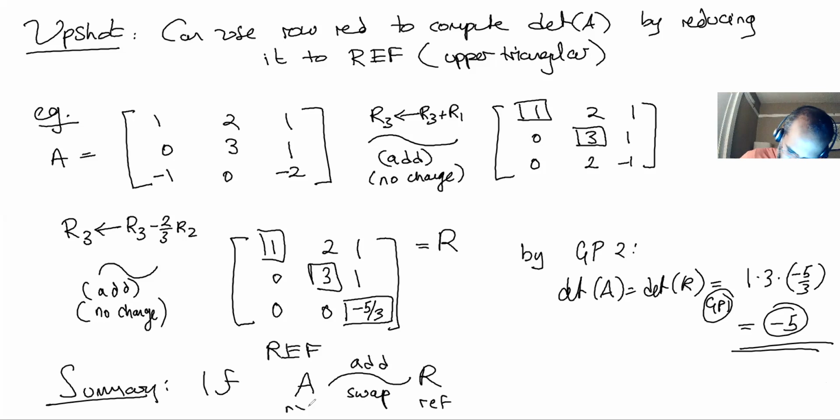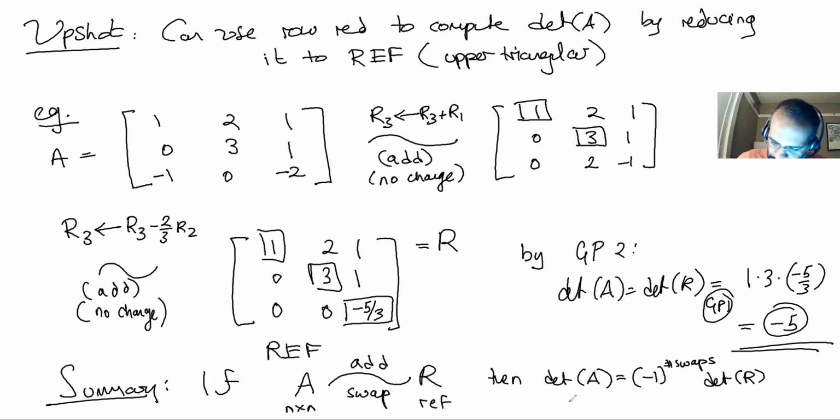So this is an n by n matrix. Then the determinant of A is equal to minus 1 to the number of swaps times the determinant of R. And the determinant of R is just the product of the diagonal entries.